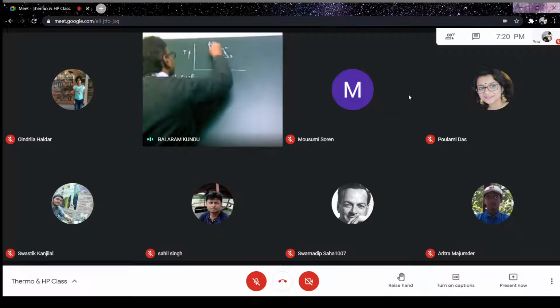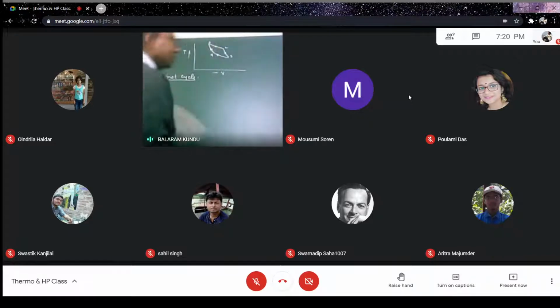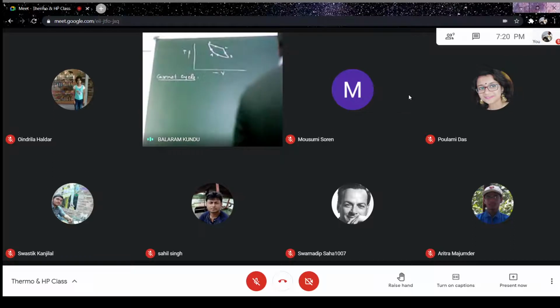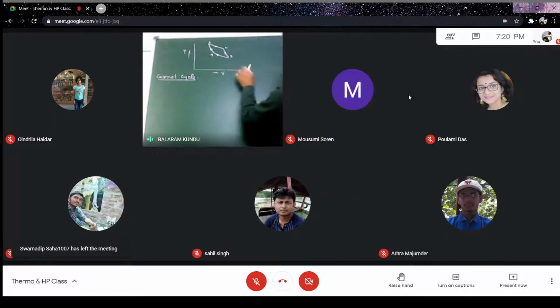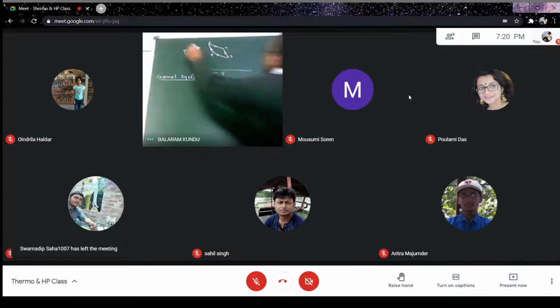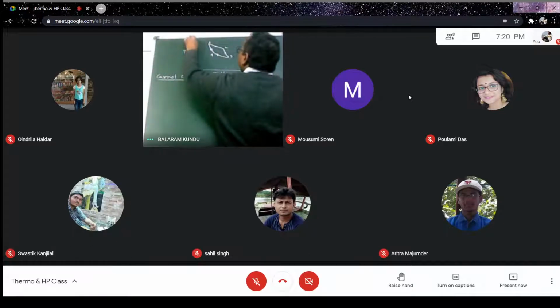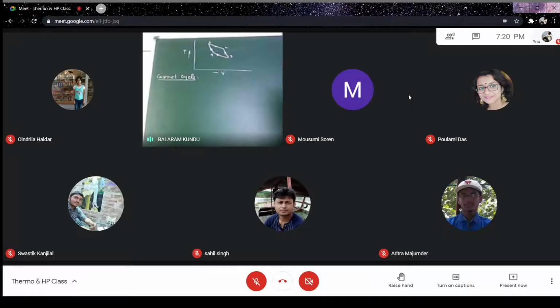So this is your Carnot cycle, and we know that the efficiency of the Carnot cycle is the maximum efficiency. This is an ideal cycle. And using this cycle, I am trying to write the efficiency, the Carnot efficiency I have to derive.